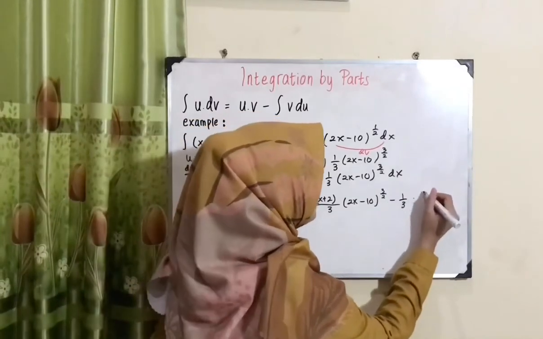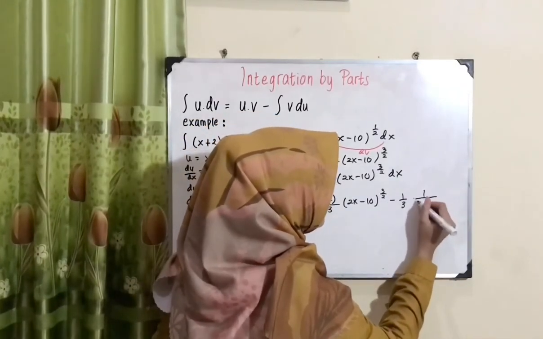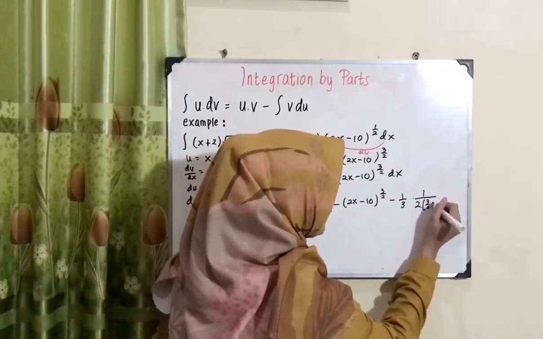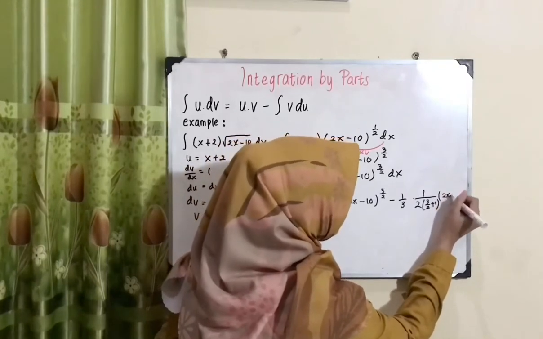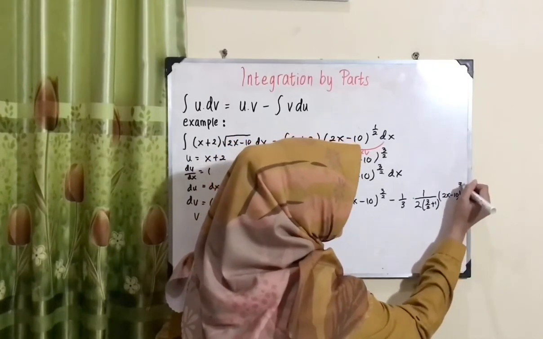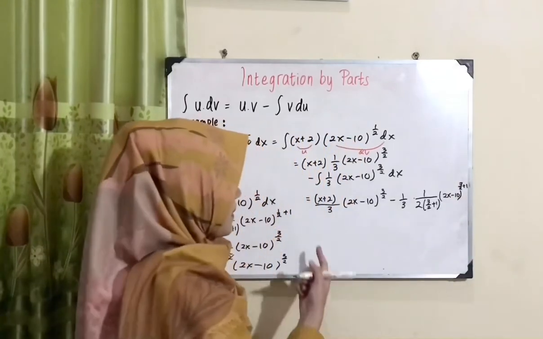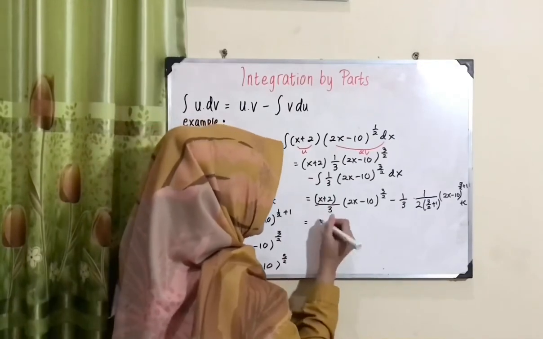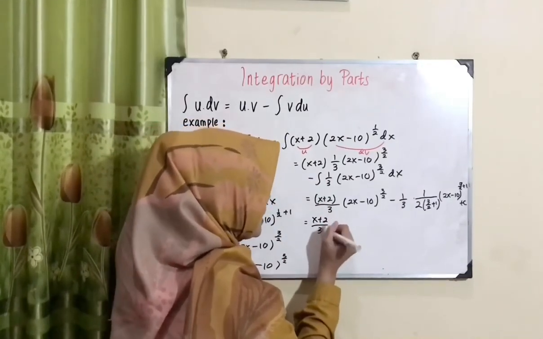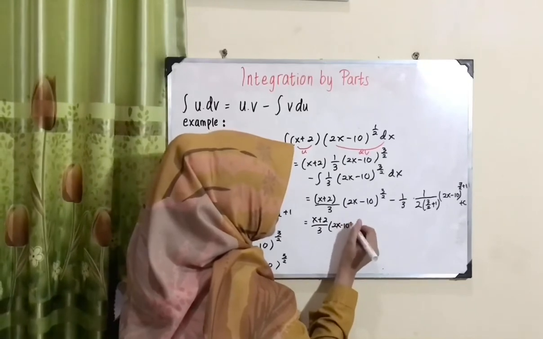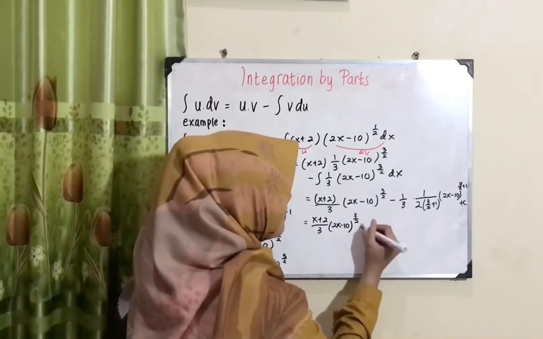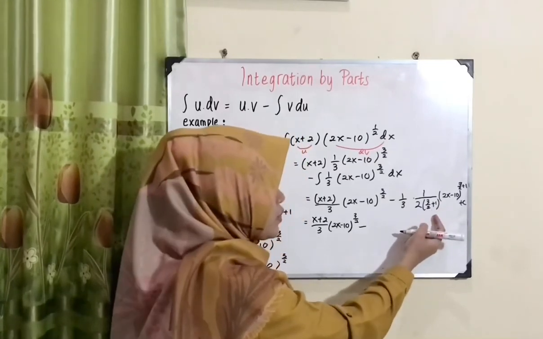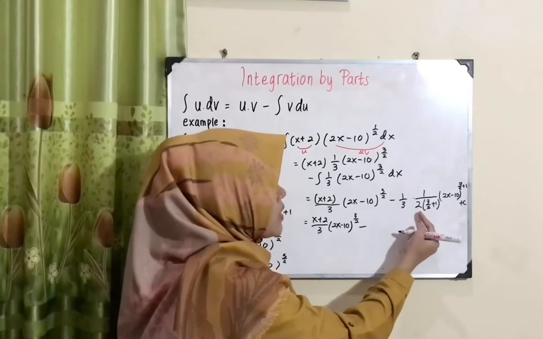And then times 1 over 2, because this coefficient is 2, times 3 over 2 plus 1 times (2x minus 10) to the power of 3 over 2 plus 1 plus c, and then it's equal to (x plus 2) over 3 times (2x minus 10) to the power of 3 over 2 minus, 3 over 2 plus 1 is 5 over 2. 5 over 2 times 2 is 5.